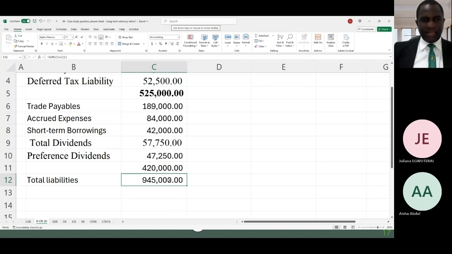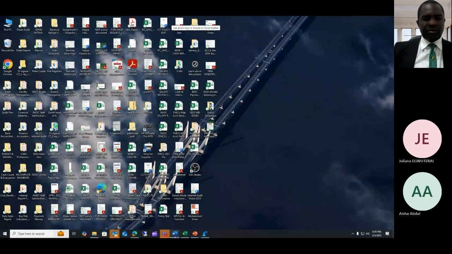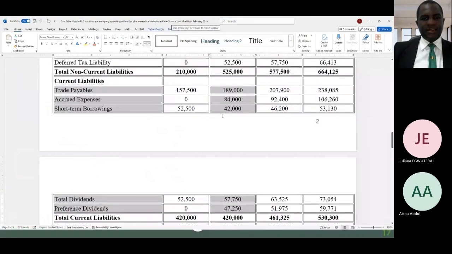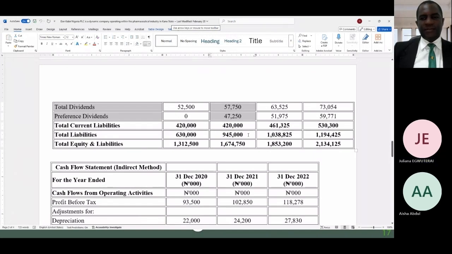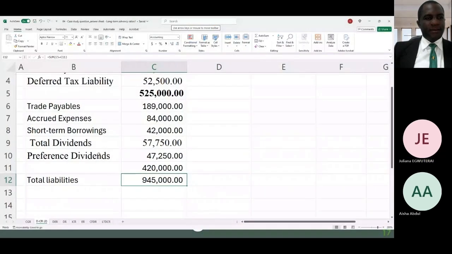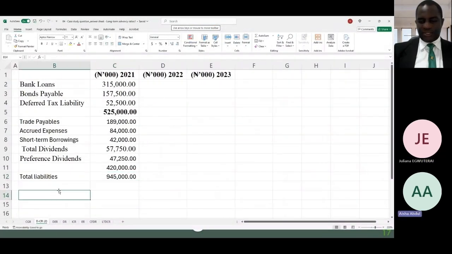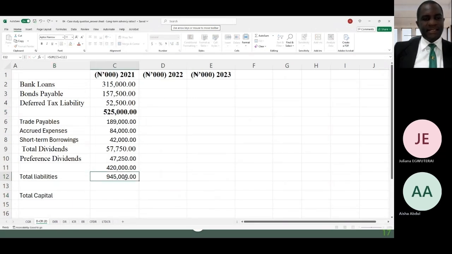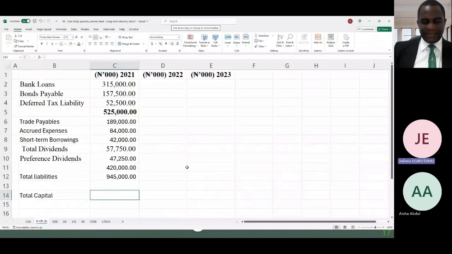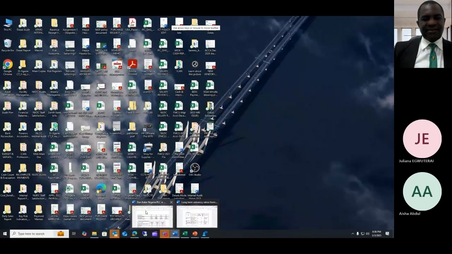If we go to the SCI for 2021, we should be able to see 945. You can see it here. So that's our total liability, not current. So what will now be the capital? Because we are dividing it by capital. Our total capital will now be this share capital plus equity.